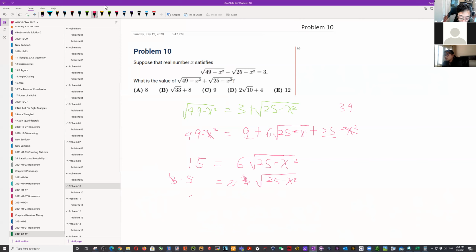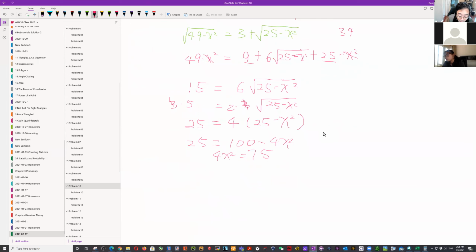So this is going to be 25 equal to 4 times 25 minus x squared. So 25 is equal to 100 minus 4x squared. So 4x squared will be equal to 75.